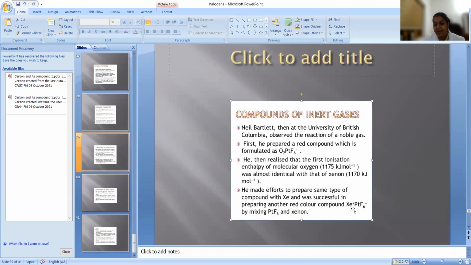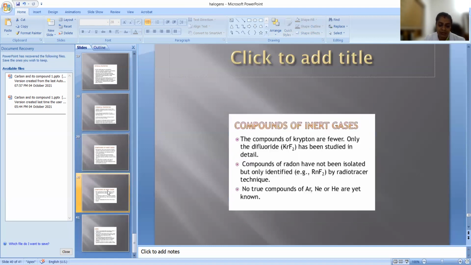The red compound Xe+PtF6− is made in the laboratory by mixing PtF6 and xenon. Okay. For compounds of krypton, only the difluoride has been studied in detail, KrF2.